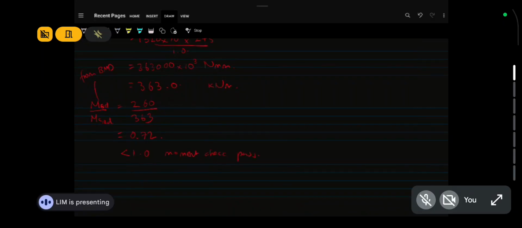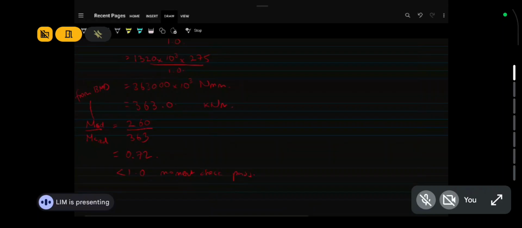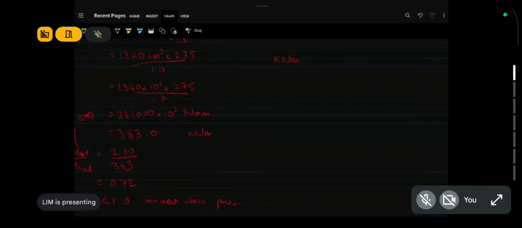If it's more than 1, then the moment check failed. But since less than 1, then moment check is pass. Any questions about the moment part? If no questions, then that's basically finished.